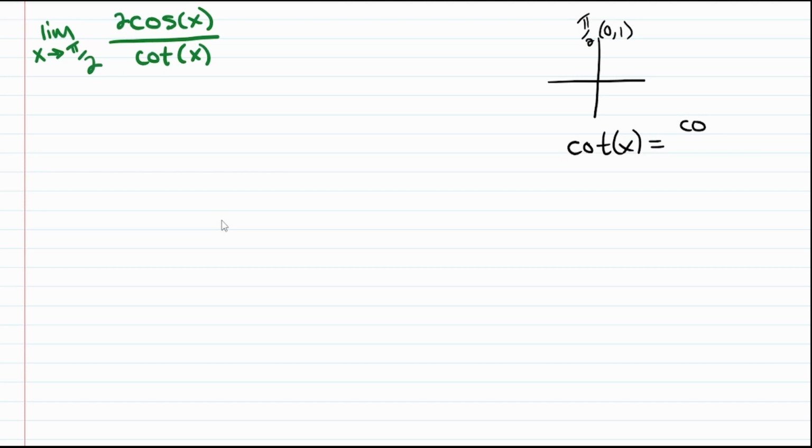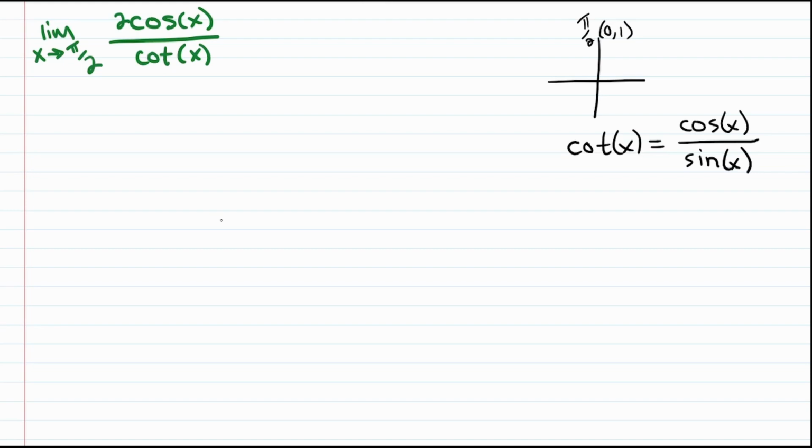So it would be cosine on the numerator and sine on the denominator. So if we were to plug in pi over 2 for cotangent x, then we would end up with a 0 in cosine x. So that would put a 0 in our denominator for our limit. That we can't have. So we have to figure out another way to solve this.